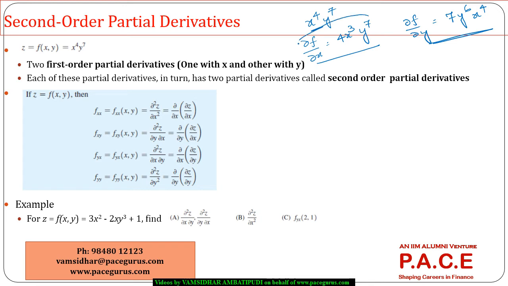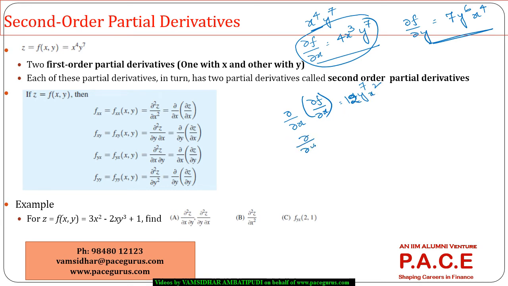Now, again, this function, I can find the derivative of with respect to x or even with respect to y. So I may take dou f by dou x of this particular function. I'm again taking y as constant, 4y to the power of 7, and x cube will become 3x squared. So this will become 12x squared.